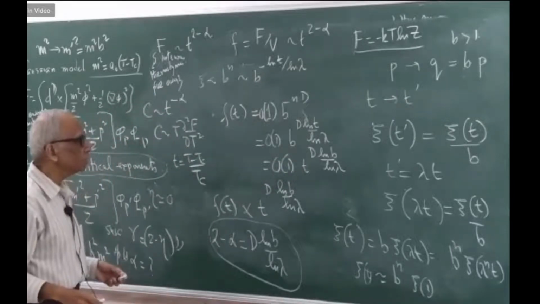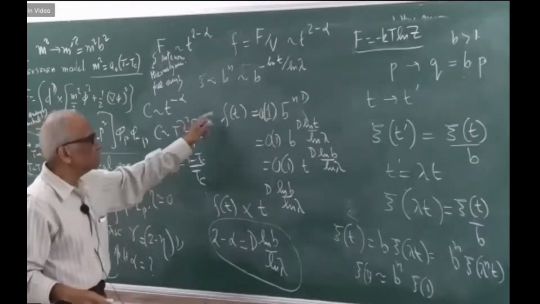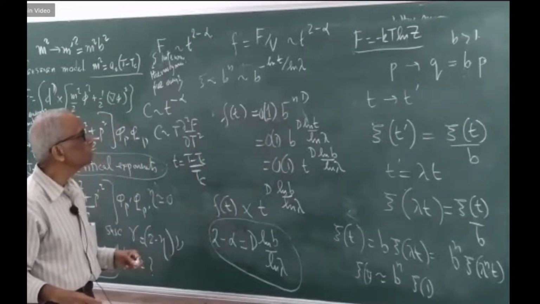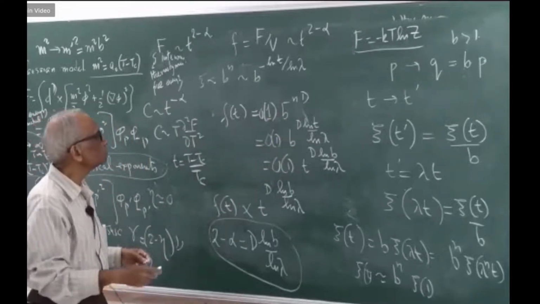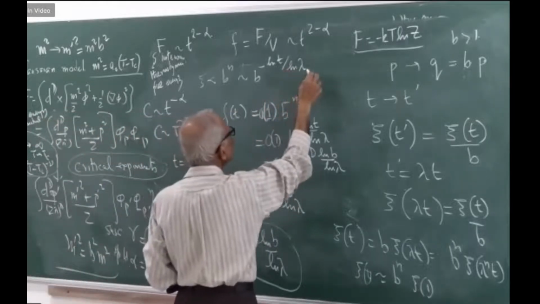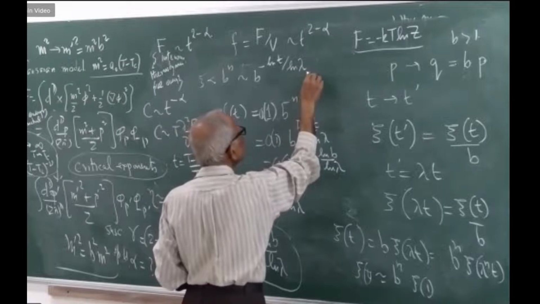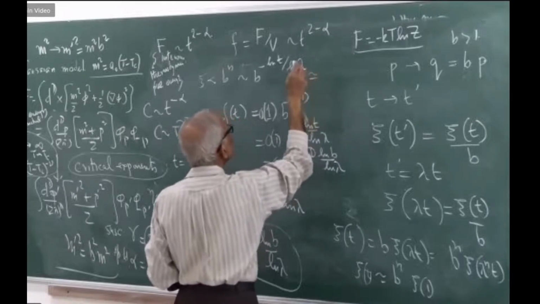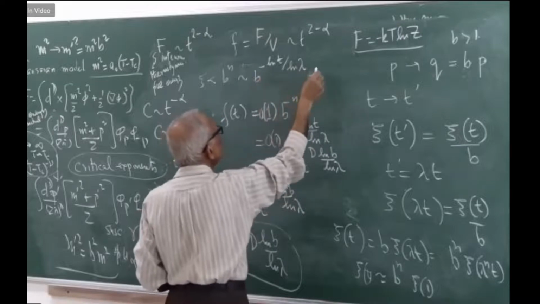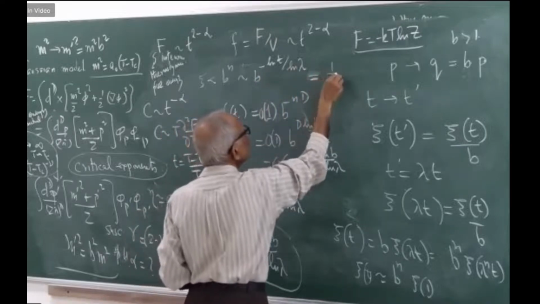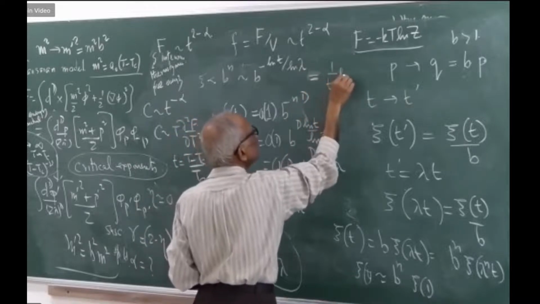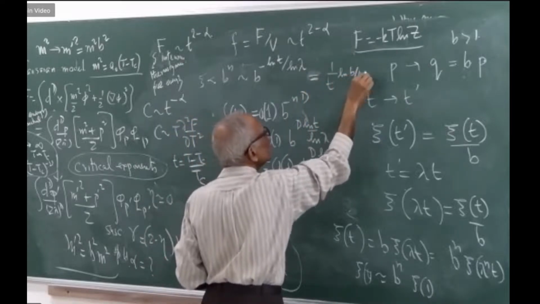So the n over here is minus log t by log lambda. So xi is proportional to this, which means that it is equal to 1 over t to the power log b by log lambda.